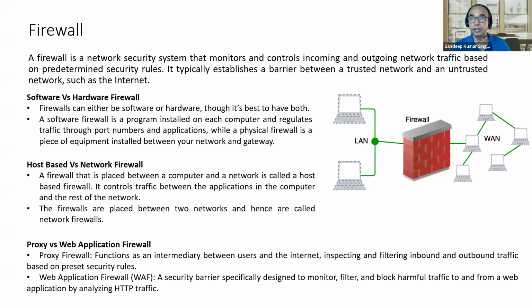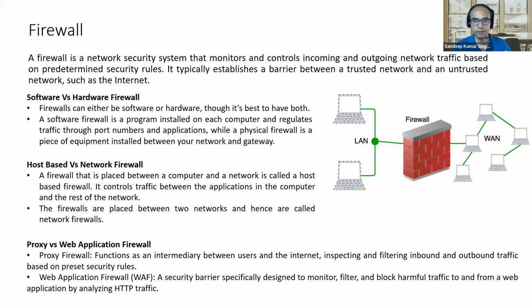If it sees some anomaly or something that is not allowed happening, it can block it as well. So you can see here that there is a local area network and there is a wide area network. Let's assume that this is the trusted zone, and this is the wide area network, more of the internet. So there is a firewall sitting in between. There are various types of firewalls.